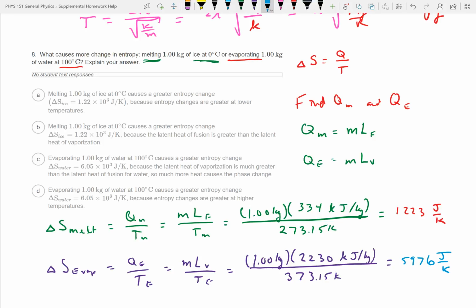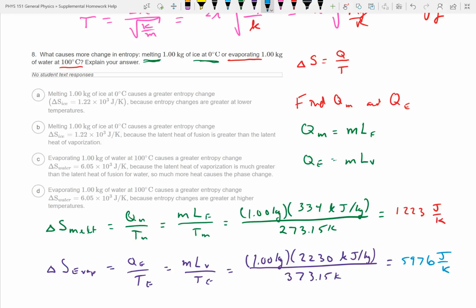You can see in the answers they must have had a different value, mine came from Encyclopedia Britannica, for the latent heat, because their number is off by a small amount. We have 5.976 and they have 6.05. Now we can answer very simply which number is bigger: evaporation.